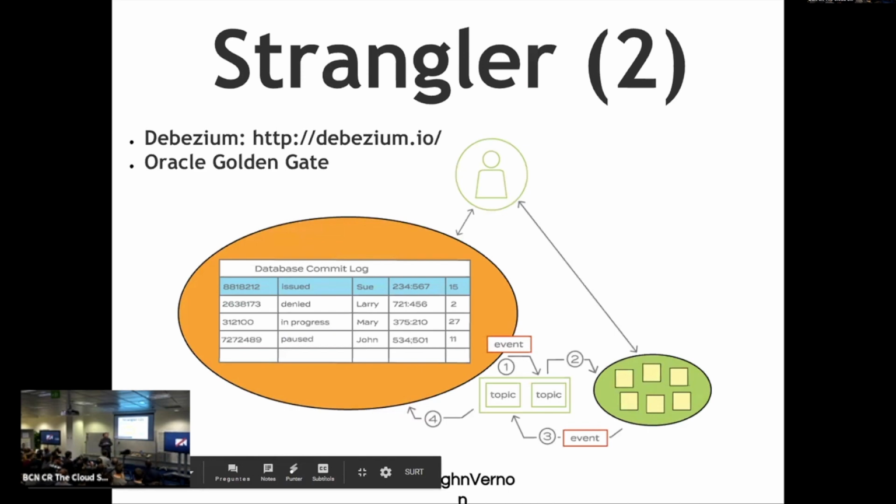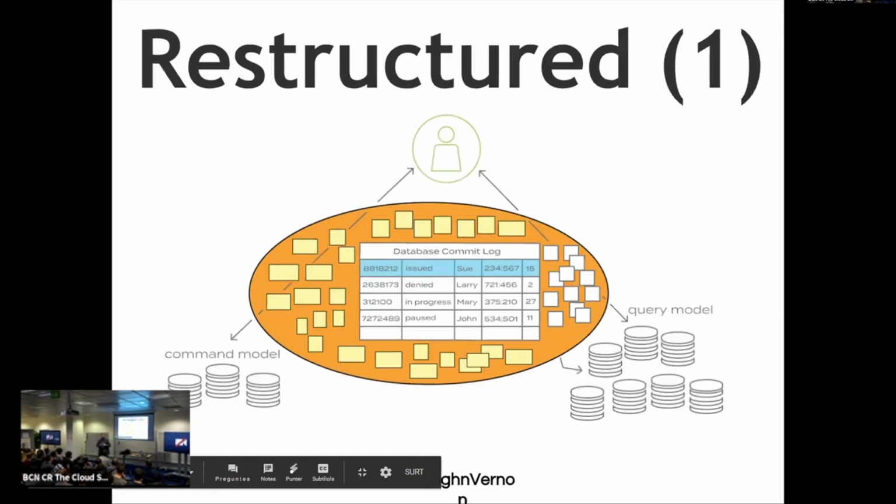And if you're using Oracle or another database, there are products like Oracle GoldenGate that can accomplish the same thing. And it is slowly getting to the point where it supports more databases. And we can totally restructure, which means that we can turn a big ball of mud into more like a command model and a query model.